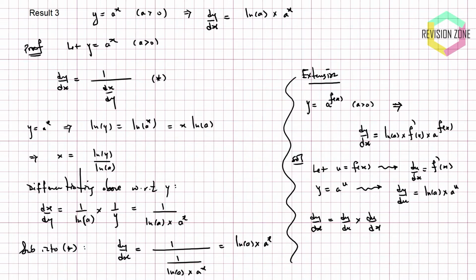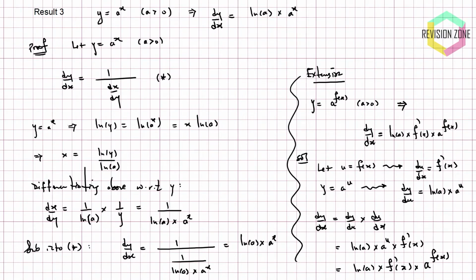So what we end up with here is log a times a to the u times f prime x. And substituting u equals f of x into this and changing the order of the multiplication, which is perfectly allowed, I can say this, which is precisely what we wanted to show.